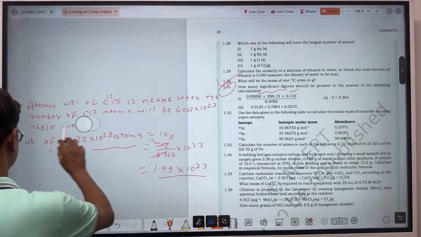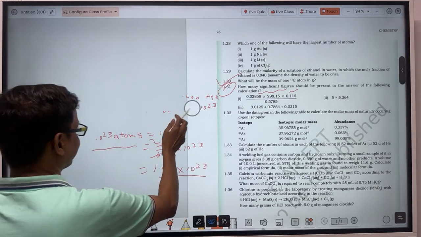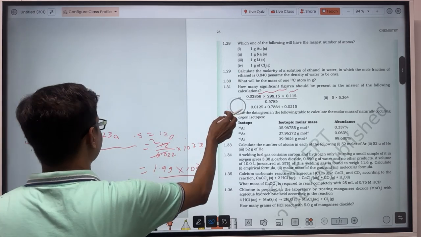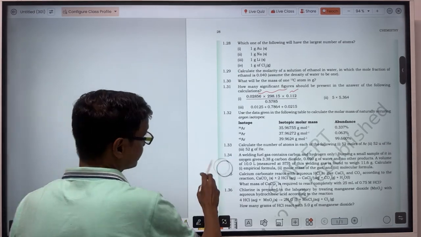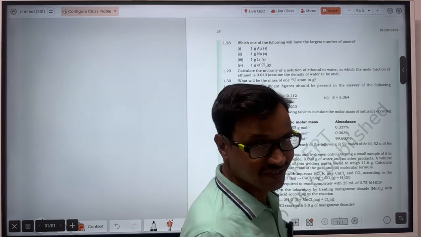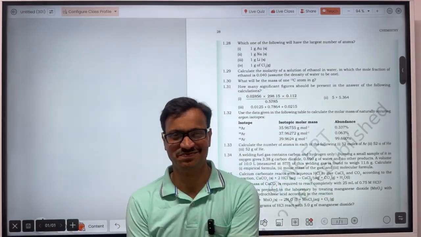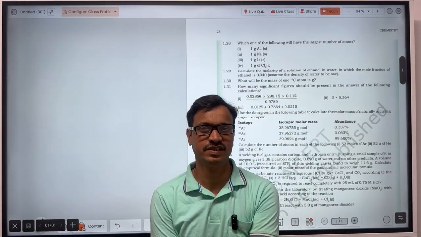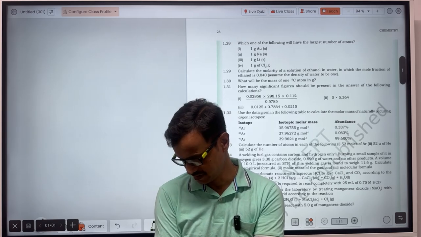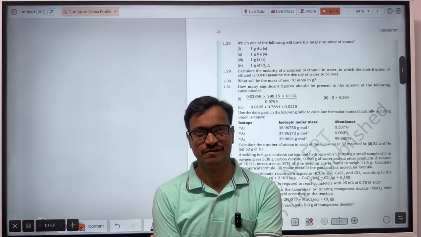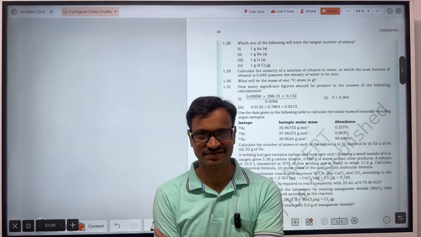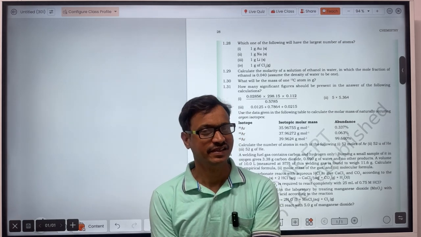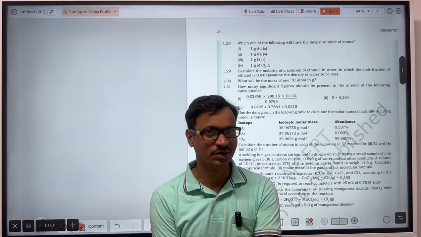Okay, let's see here. This question is frequently asked, particularly in the NEET examination, very frequently, and it was asked in the AIEEE examination too.